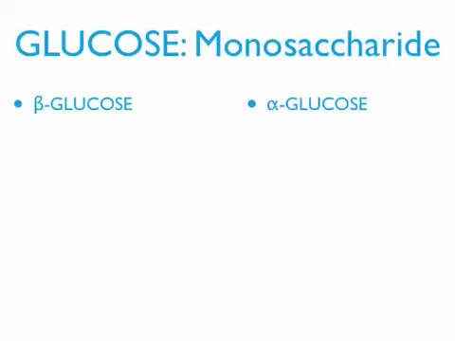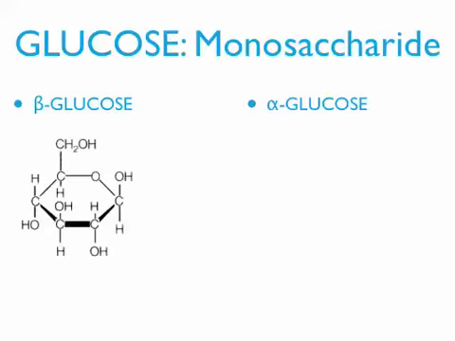Now there are two forms of glucose. We have beta glucose and alpha glucose. Beta glucose is the shape you have on the left of your screen now. If you look at beta glucose, you'll note that it's a ringed structure with carbons making a hexagon type shape, with one oxygen inside the ring as well.